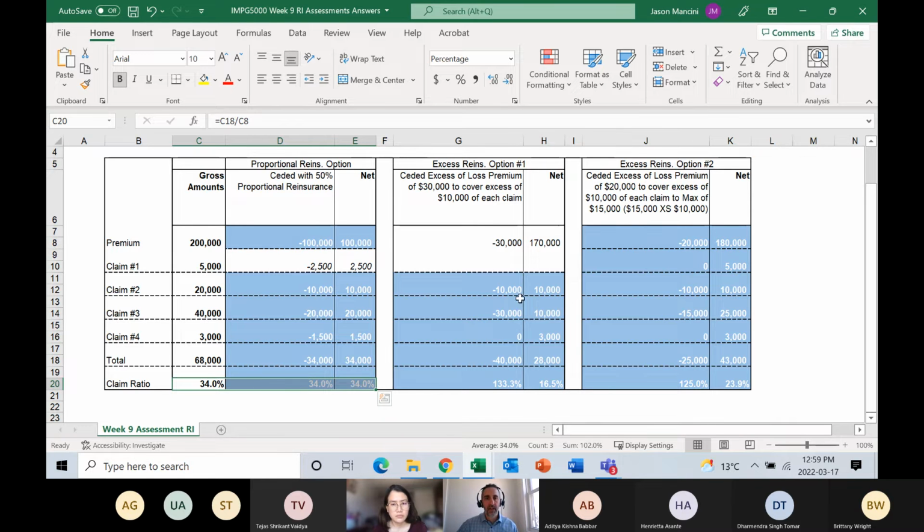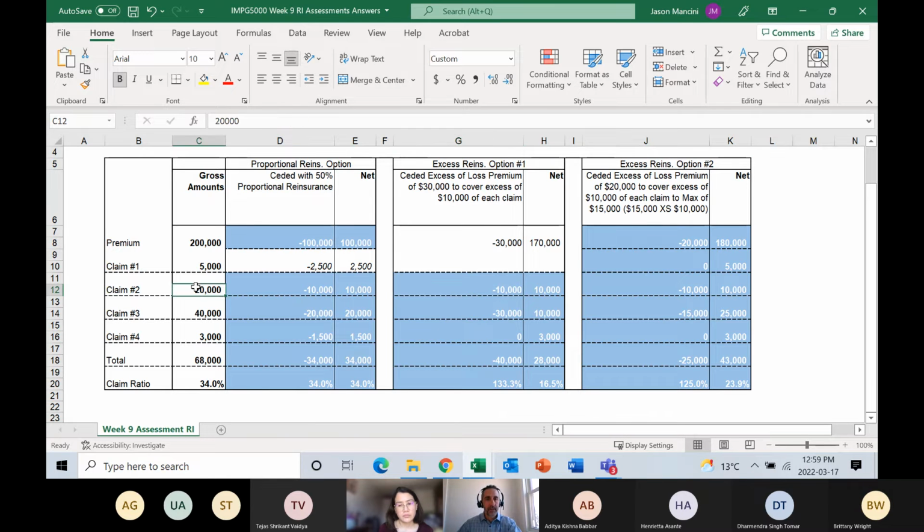So the excess of loss, we'll just do one example in each of the scenarios. So if you wanted, you could draw your chart, which says that the first 10,000 is what our retention is, and then anything over 10,000 is what we're going to be ceding. So you could picture that stacked illustration of this excess of loss program.